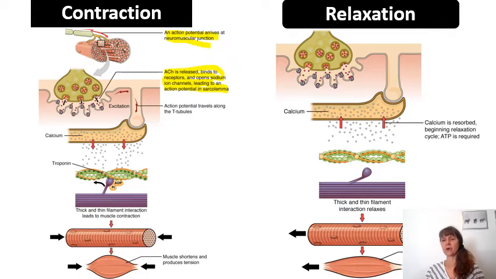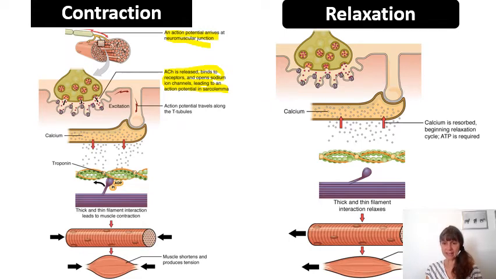Now, suppose there's no more muscle stimulation, then relaxation will occur. And what happens with relaxation is the acetylcholine that was bound to the acetylcholine receptors will move away from the receptors by way of diffusion.